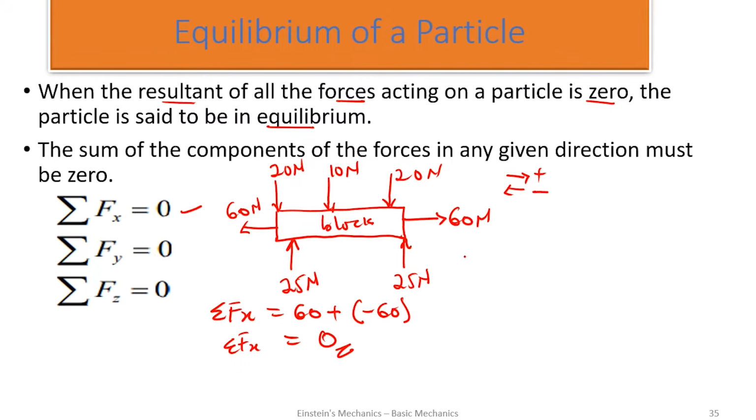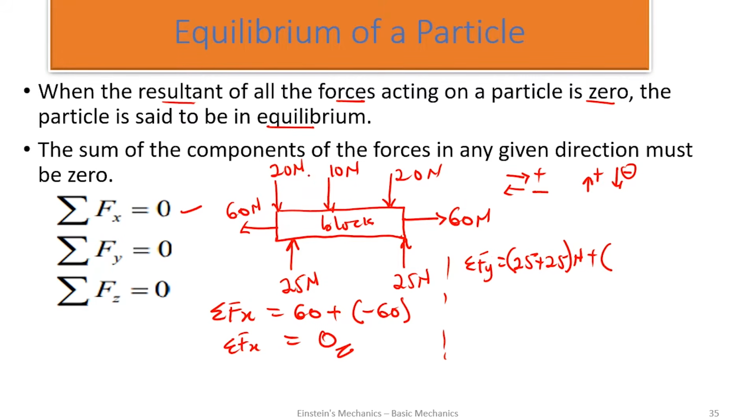Let's look at it. Summation of forces on the y, I will choose upwards direction to be positive and downwards direction to be negative. So I'll consider all the upward forces. I have a positive 25 here, and another positive 25 force. They are all in newtons. Plus, let's look at the downwards forces.